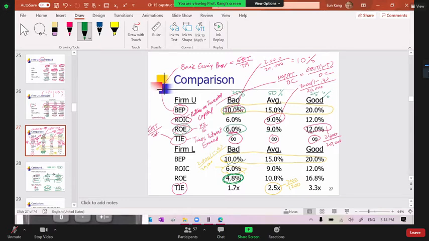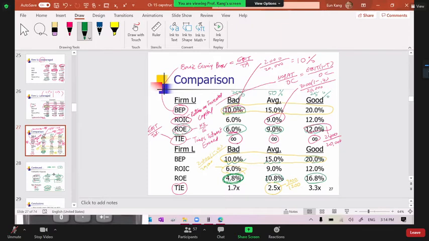But look at this. BEP 15%. So look at this. ROE here is 9%, but you have 10.8, higher than that. Even if BEP is 20%, ROE is 12%, but it's huge, 16.8, right?